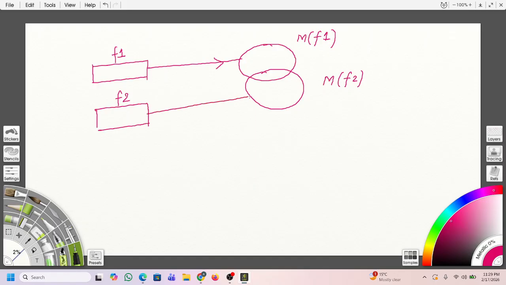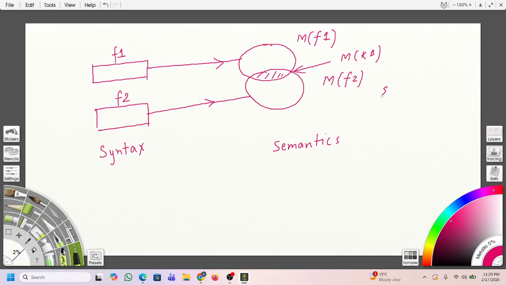So this is again from syntax land and this is from semantics land. Now this intersection part is nothing but the model of KB, M of KB, that is the knowledge base. So adding new formulas is basically adding constraints to the model, right? Adding new formulas is basically adding constraints to the model.